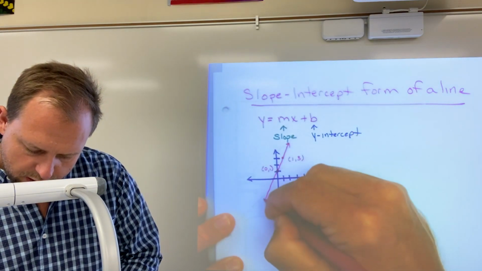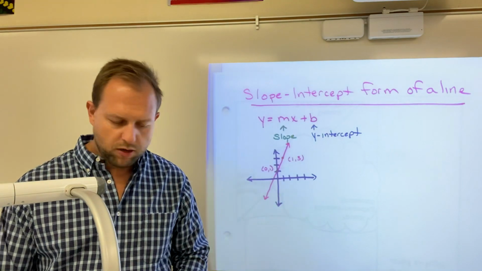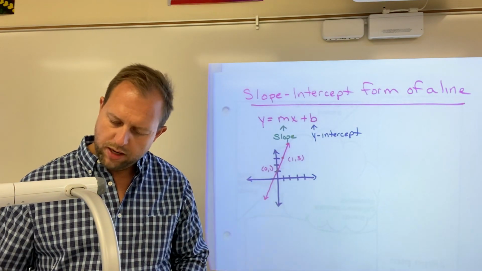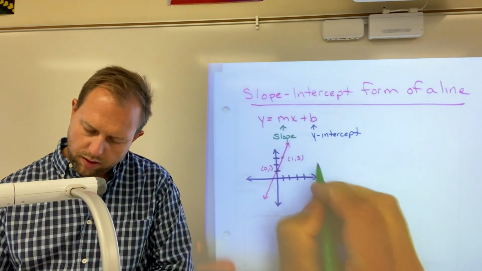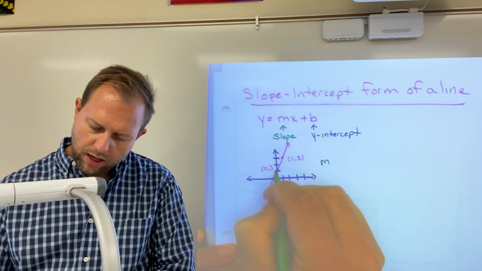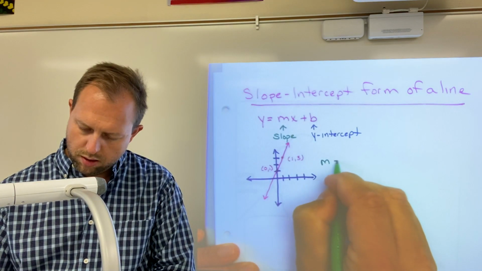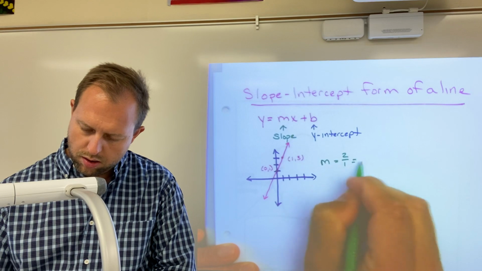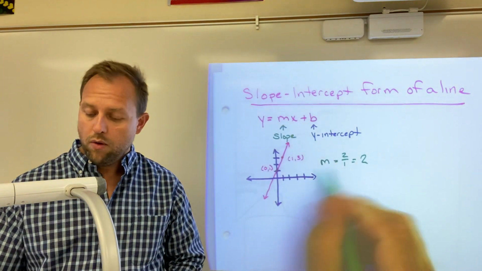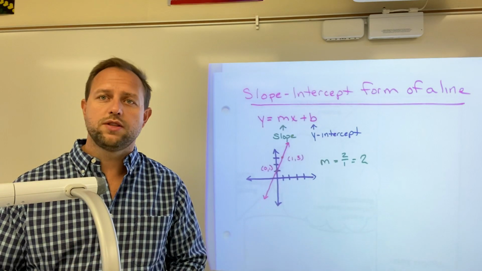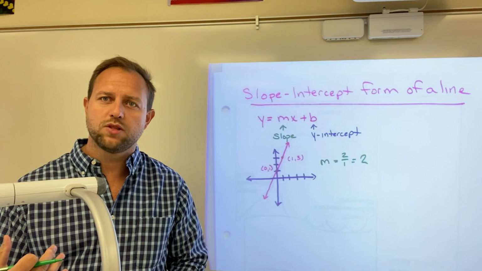That's my line. Looking at this from a graph, we can determine that our slope, m, is a rise of 2 and a run of 1. Okay, so from the graph we can get 2. We can also take the points, use the slope formula, come up with that number as well.